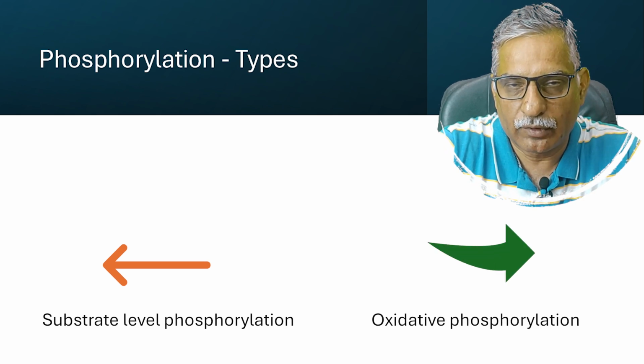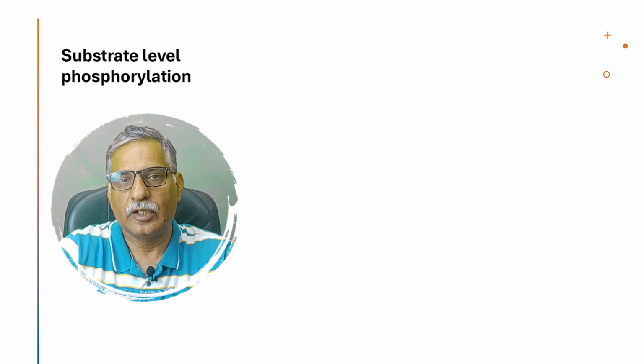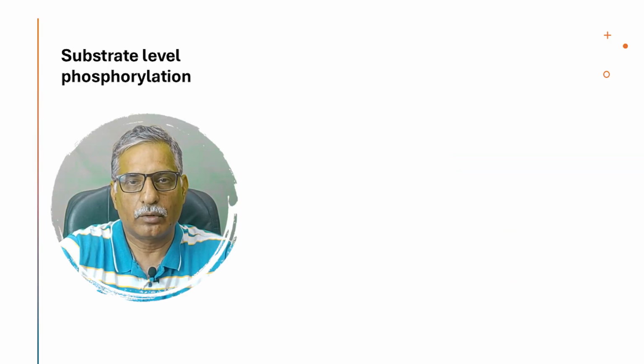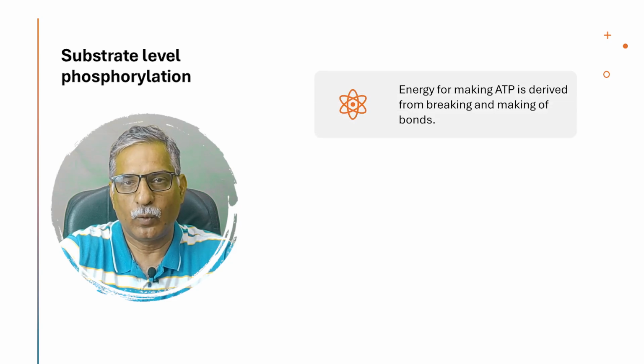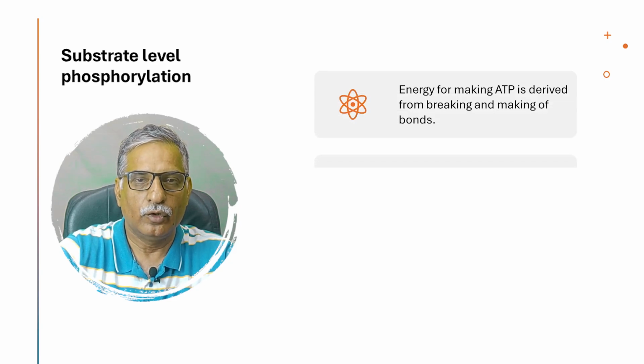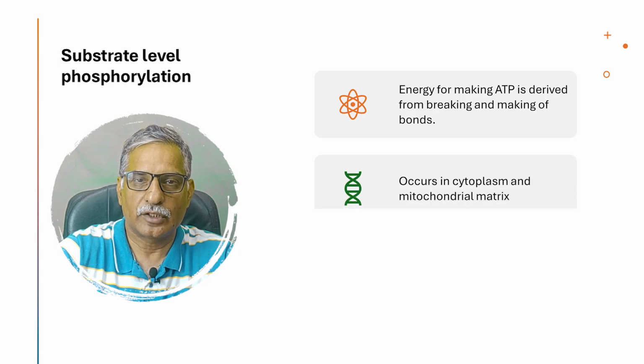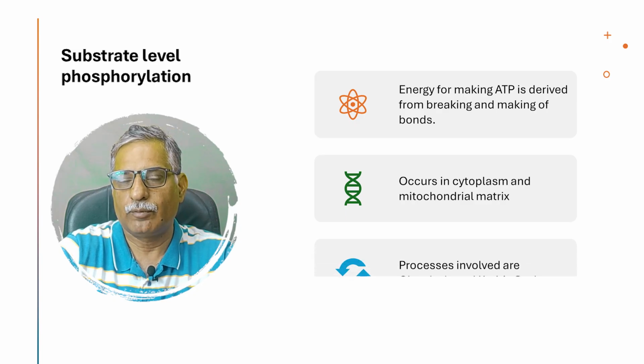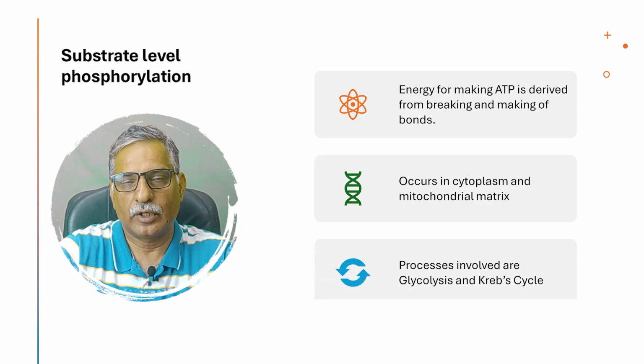During substrate-level phosphorylation, energy comes from chemical compounds, organic molecules, when they are converted from one form to another form, so that the excess energy contained in them is released to the surrounding. And if that energy is consumed in raising an ATP molecule, this type of phosphorylation is known as substrate level phosphorylation.